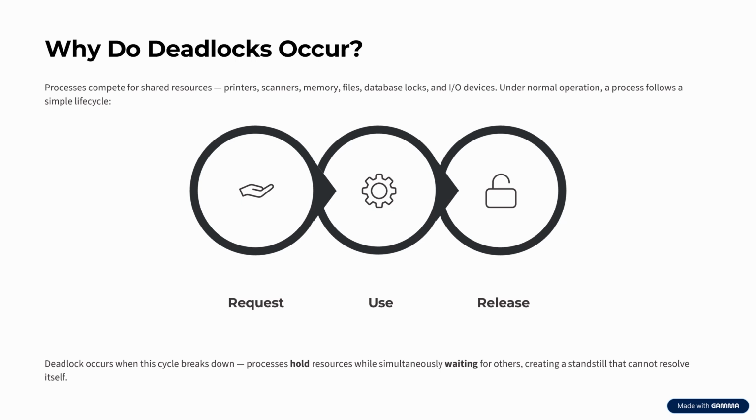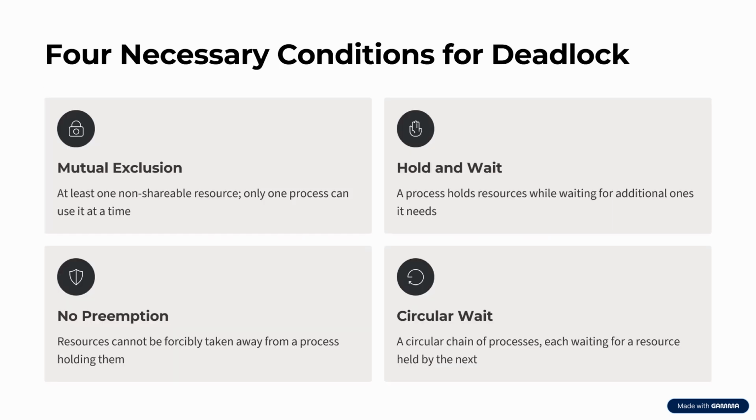A process requests a resource, it has to use it and release it, but that will not get released. I gave the example of the printer and scanner problem. The printer will be holding the scanner, and the scanner will again wait for the printer. Likewise, it goes on.